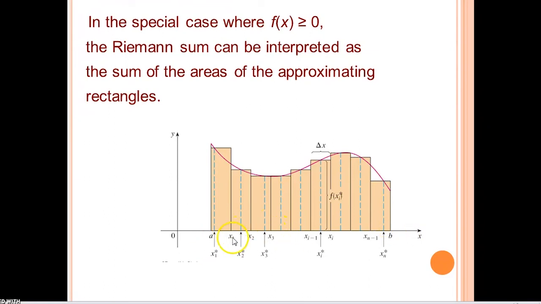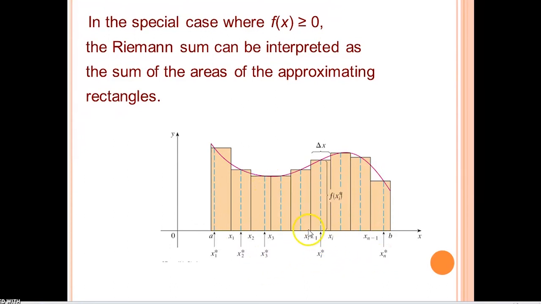This is the partition we have made: x0, x1, x2 and so on. These are the xi stars I mentioned in the previous slide. See here, x1 star is taken in the subinterval x0 to x1. In the subinterval x1 to x2 we have considered x2 star, then x3 star and so on.